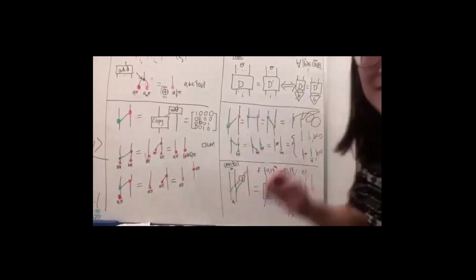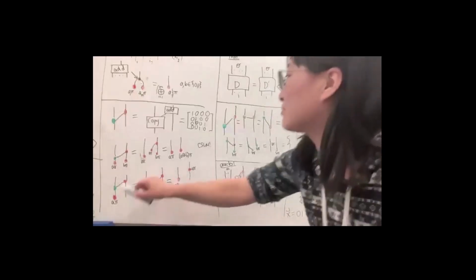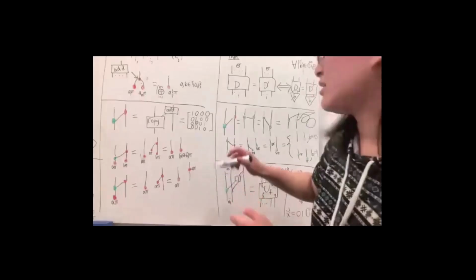From the CNOT, you made mention that the CNOT gate looks the same or similar as the one there. So I was asking if maybe the qubits have been flipped.